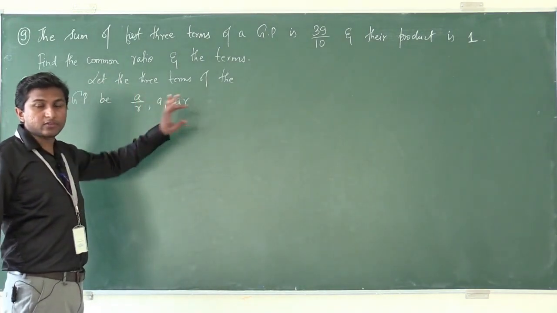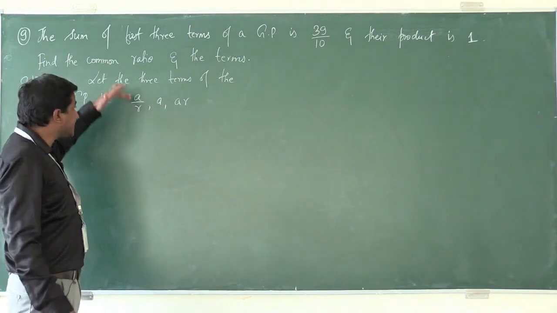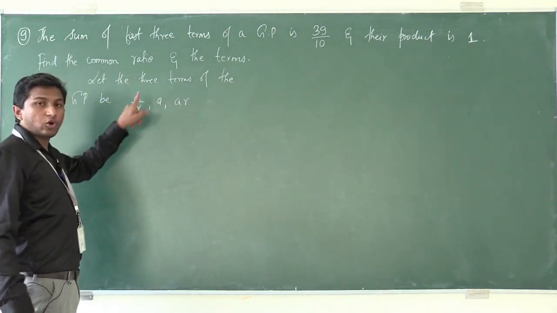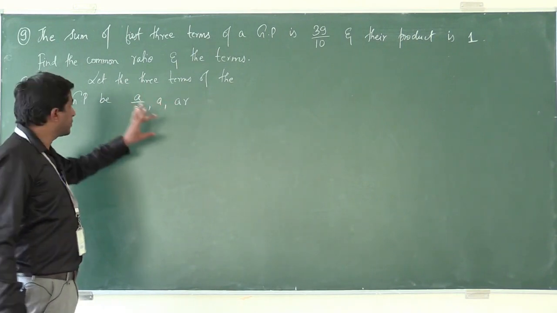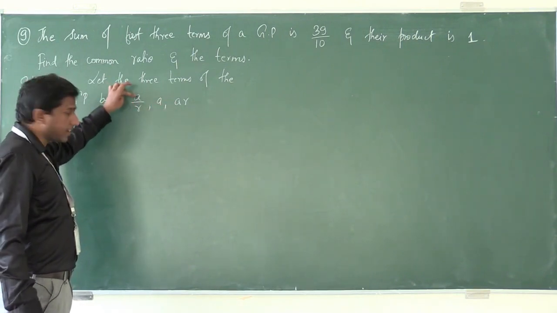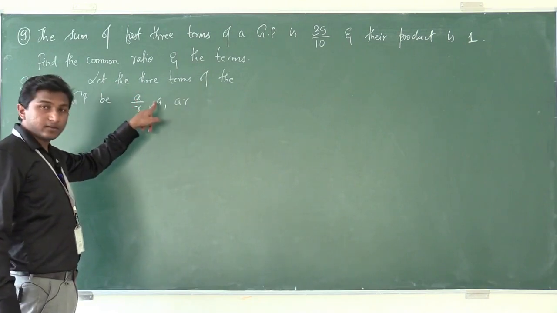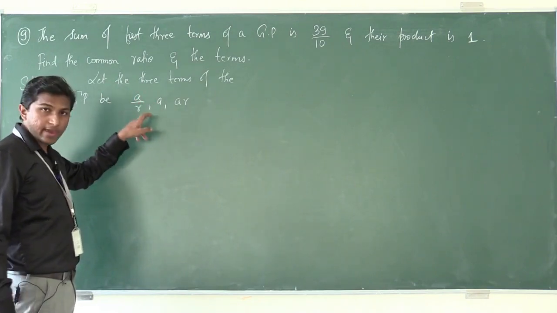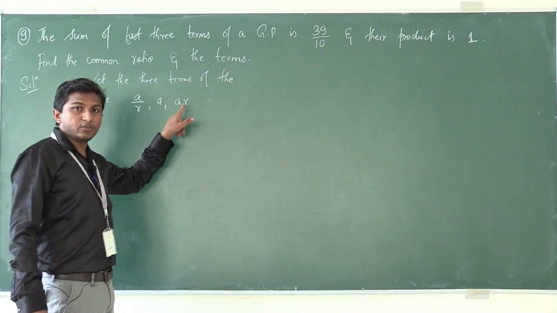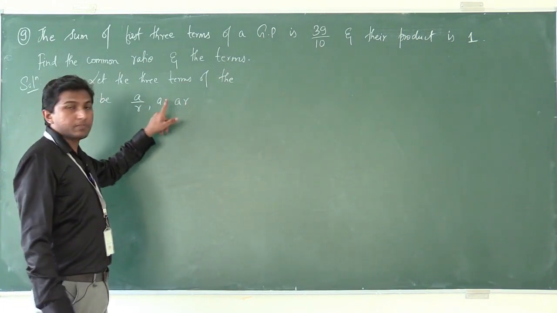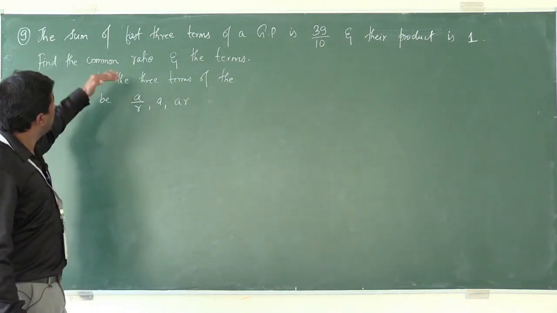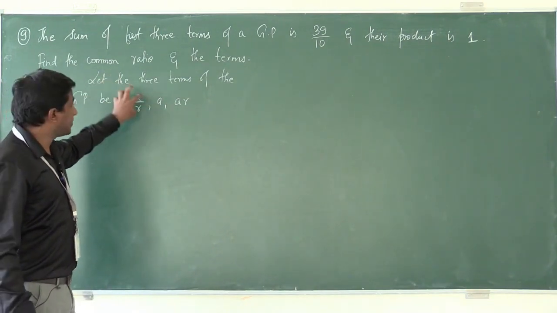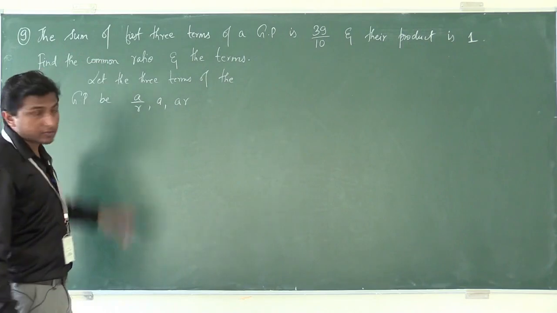So we have taken the terms of the GP as a by r, a, a into r. The first term is a by r, the second term we have taken to be a, and the third term we have taken to be a into r. Now in light of this definition, you just look at the problem.